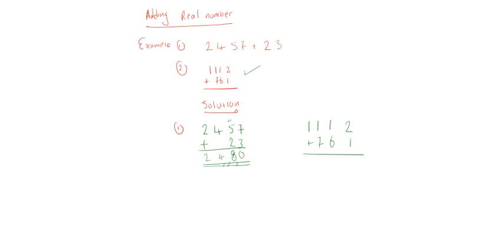Okay, so 3 here. Okay, it's a 7 here. 1 plus 7 is 8. Yes, okay. The rest, have you understood how our friend has come up to this answer?